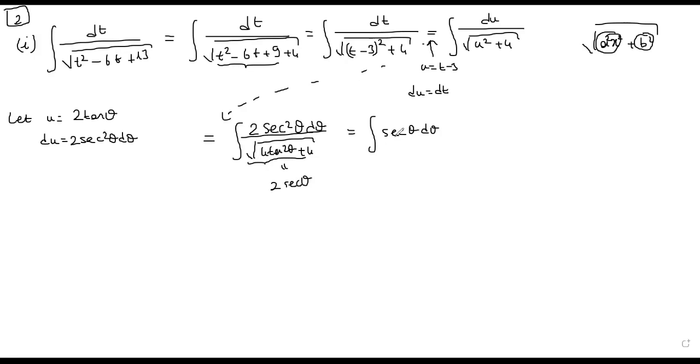Now we know secant theta is equal to 1 over cosinus theta. Now again, same trick as with the previous ones. Cosinus theta over cosinus squared theta d theta. Okay. Now I guess you can see what we will do.